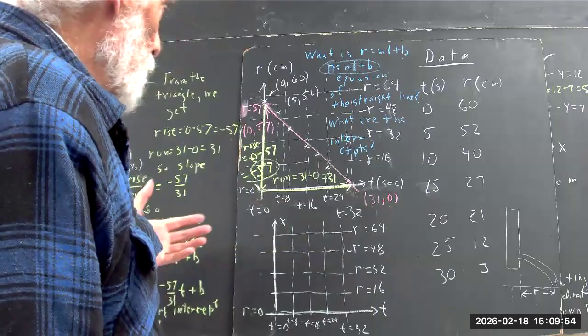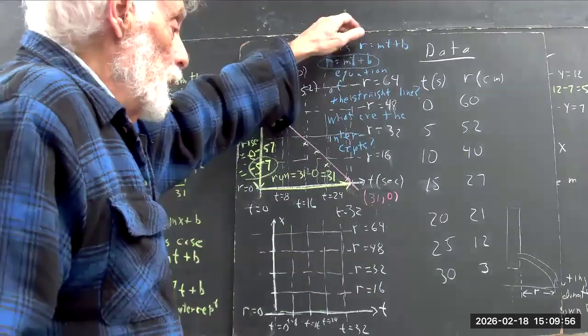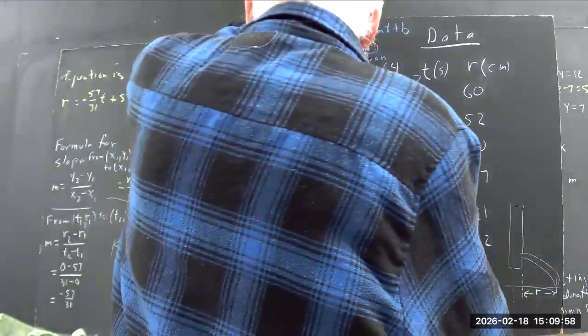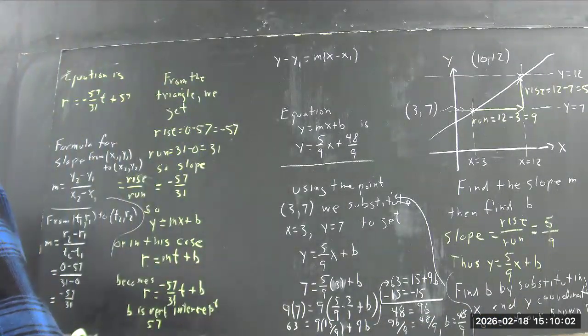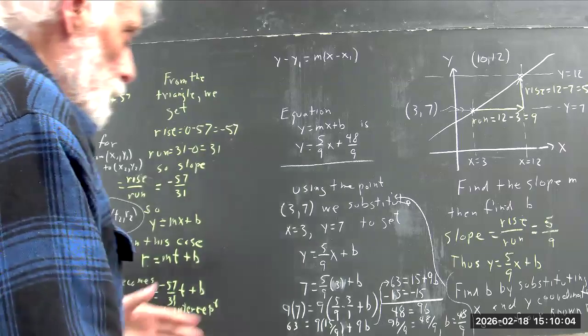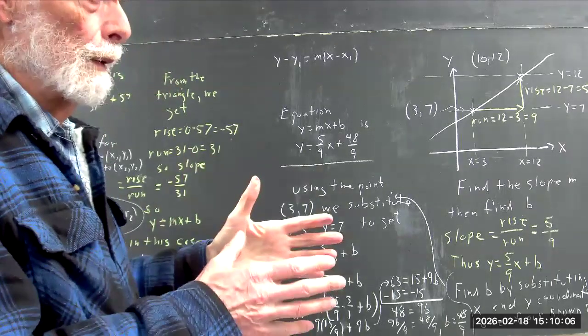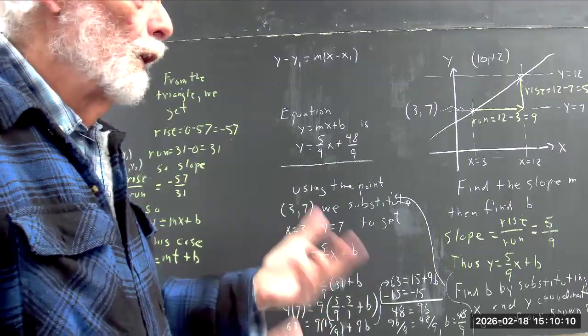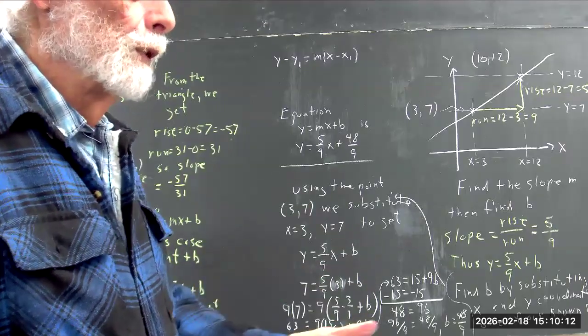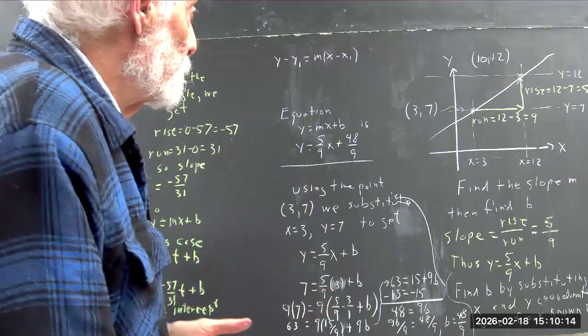So if you don't totally understand this right now, come back to it just a little bit later. And understand that we're replacing Y with R, replacing X with T, simply because those letters make more sense in terms of what we were observing.